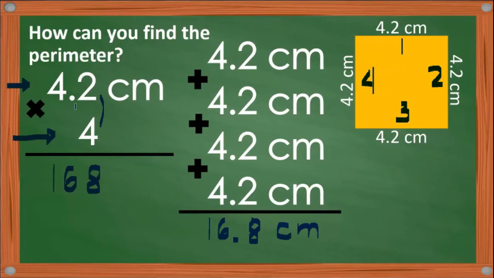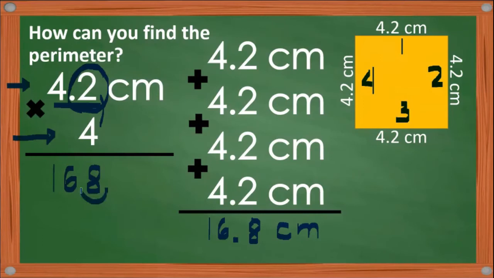Ilang decimal places meron dito sa given? 1. Yung number na lagpas kay decimal point. If the number is a whole number, the decimal point is nasa dulo. Now, kung meron kang decimal places dito at yun ay isa, you need to move the decimal point of your product from right going to left.